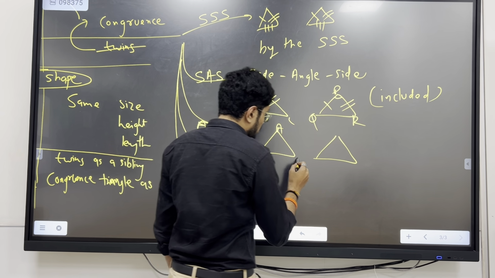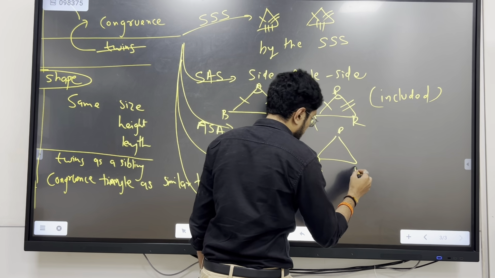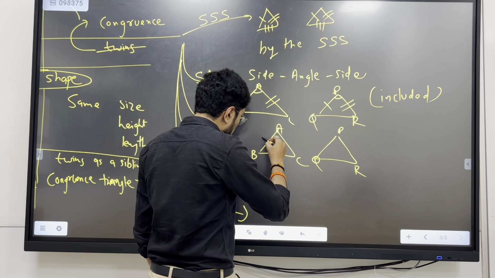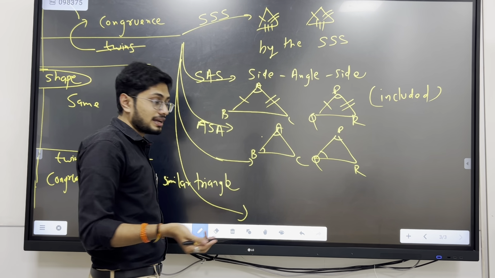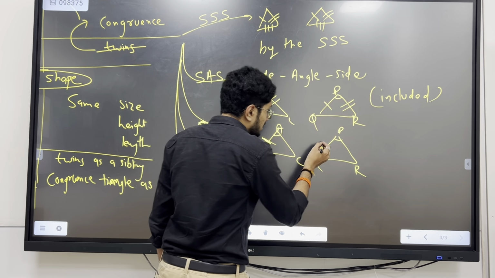Then ASA, angle side angle. Now we need to consider two triangles in which two angles and the included side are equal.